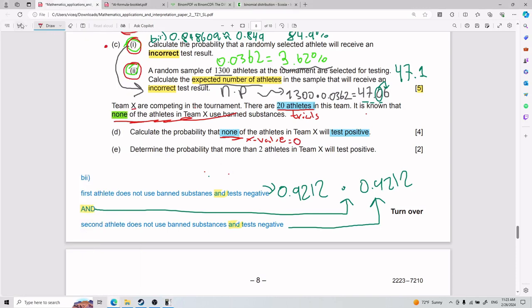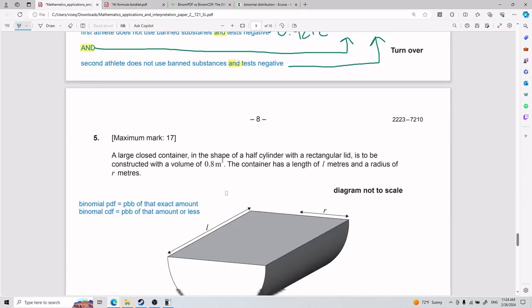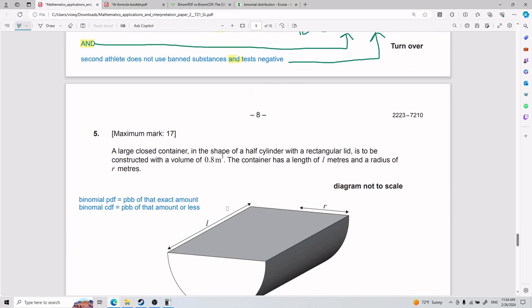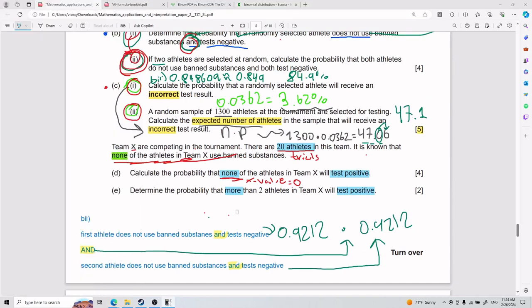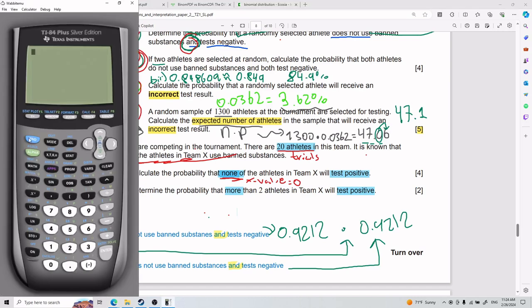We need to determine the probability that more than 2 athletes in Team X will test positive. More than 2. See? Now let's remember that I said that binomial CDF gives me that amount or less. And so what I can do actually is that because we're not talking about an exact value anymore, before it was exactly none, ¿cierto? Now it's 2 or more.